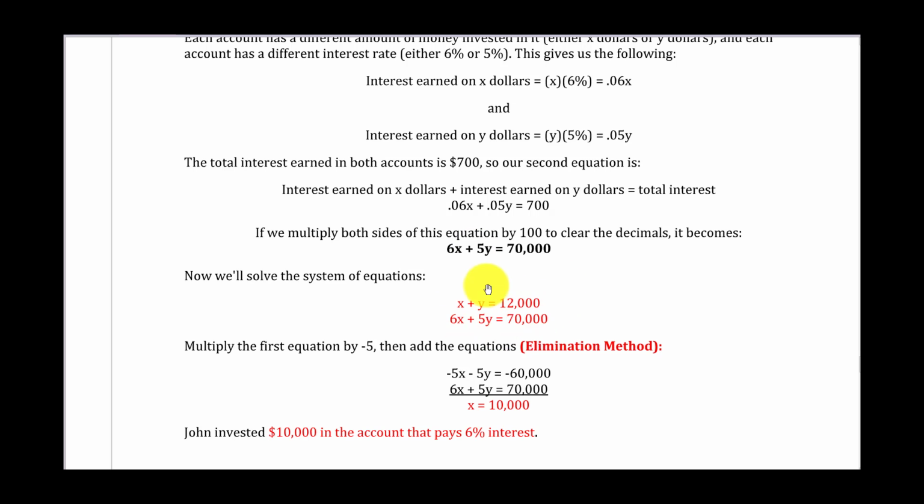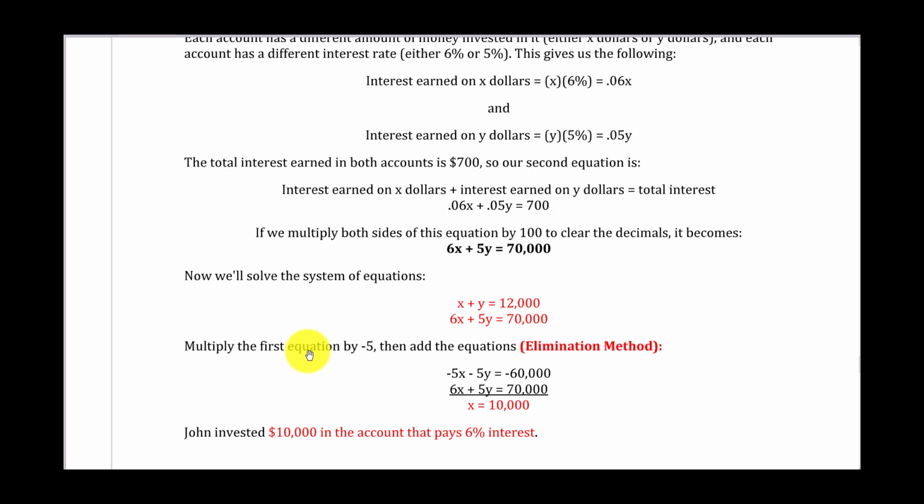Now, after you end up with the system of equations in x and y, we can solve it using the substitution or elimination methods. In this case, I can see that the elimination method may be a good choice. So let's try that now.